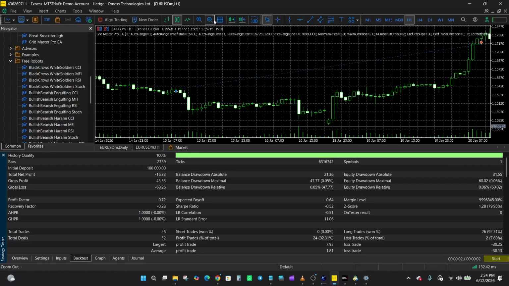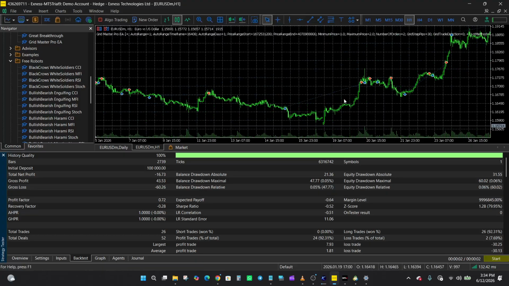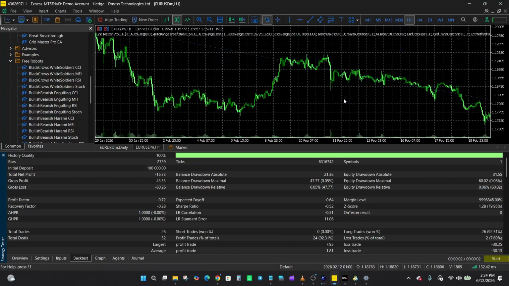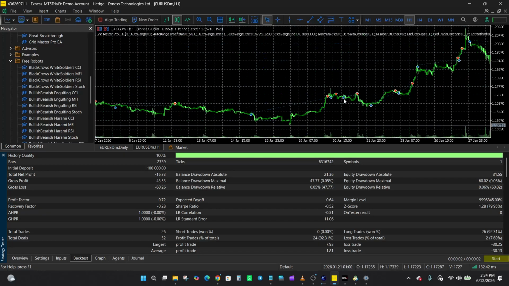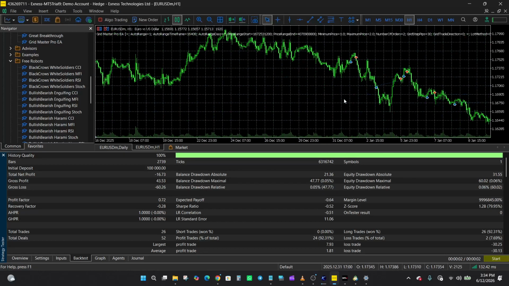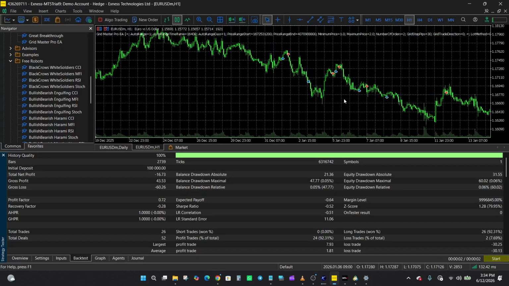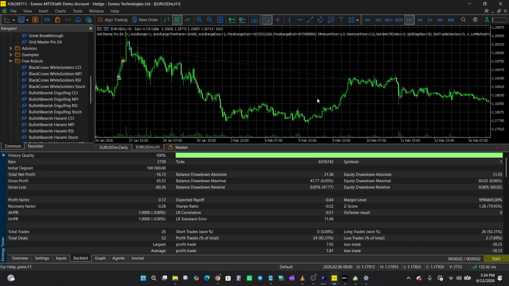And one of my observations on the chart is that this EA seems to be targeting short term price movement, although there are a few instances where the trade was held for perhaps a few days.